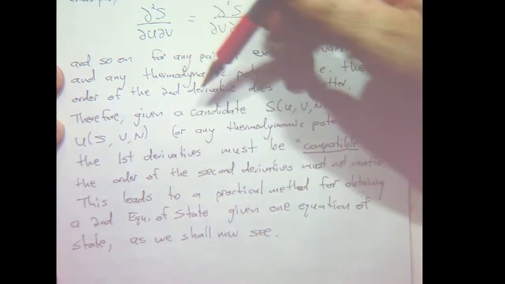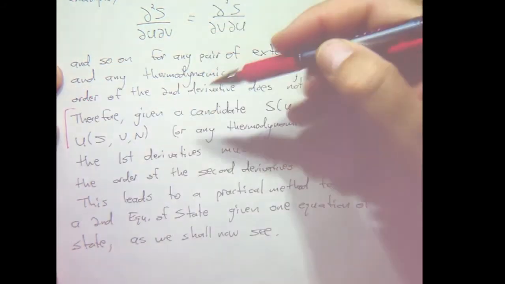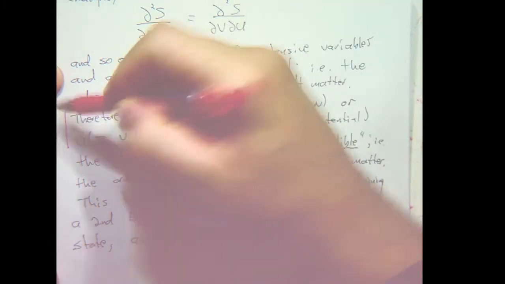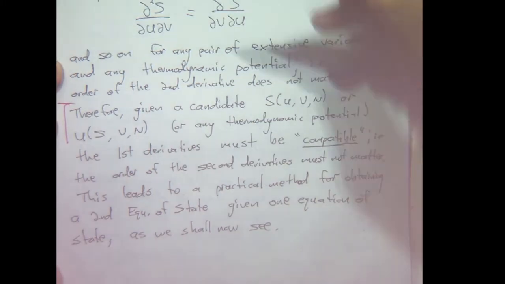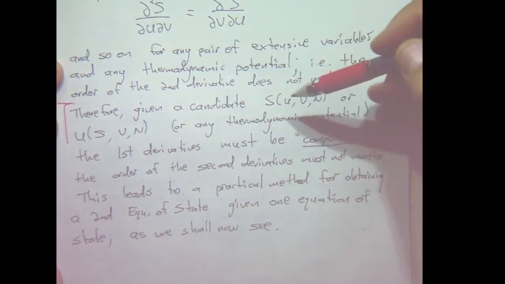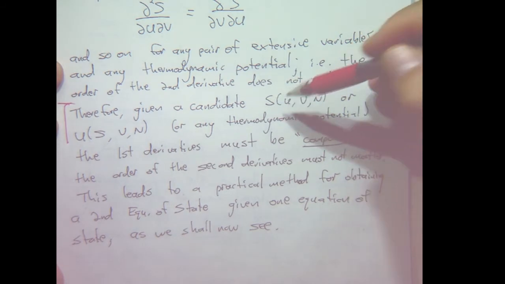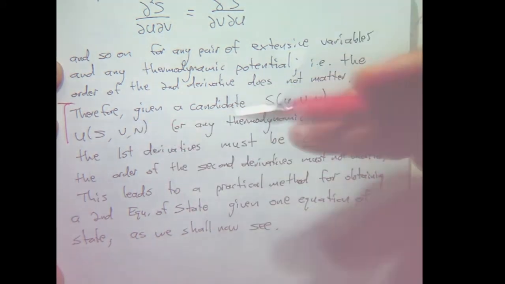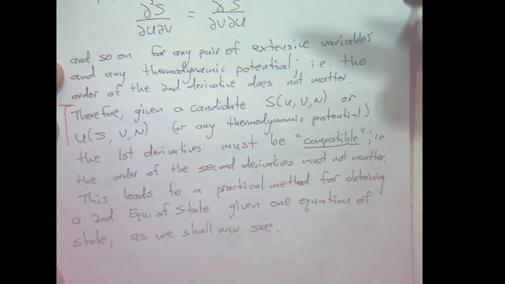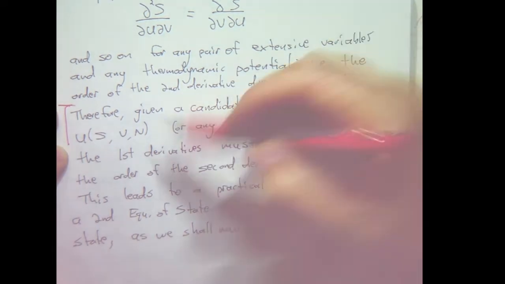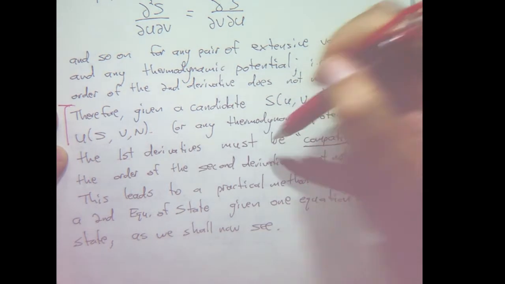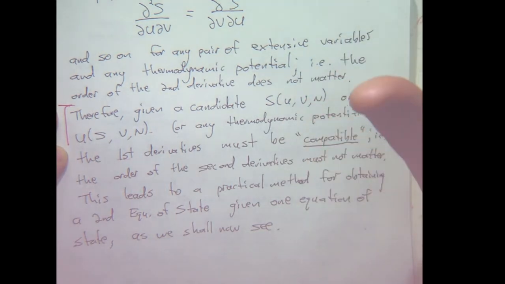So basically a consequence of this, a useful consequence in thermodynamics, is that if you have a fundamental relation, entropy or internal energy, or in fact any other thermodynamic potential, which we'll get to in a couple of weeks, the first derivatives of these, or the fundamental relations, must be what's called compatible.